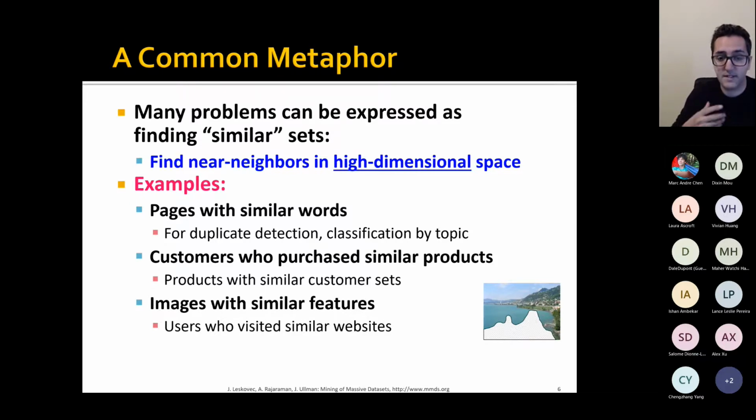So you want to find customers that are similar so that you can recommend an item that one of them buys to the other person. So it has some applications in recommender systems. And also finding images with similar features, things like that. There are many examples where we want to find similar things, similar sets.